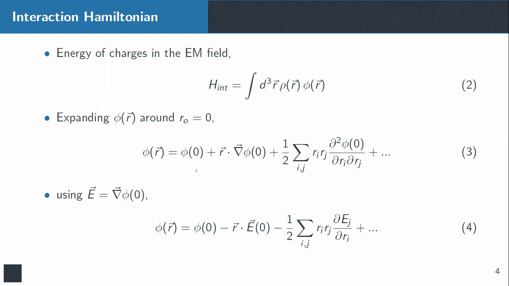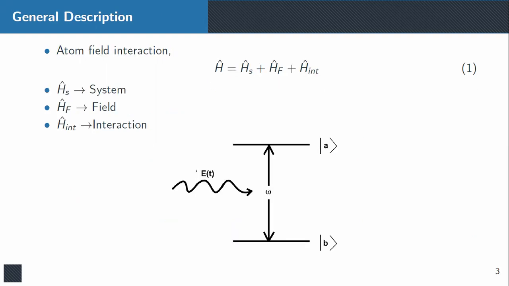So first, we will discuss the interaction Hamiltonian, which was the third term in the Hamiltonian.